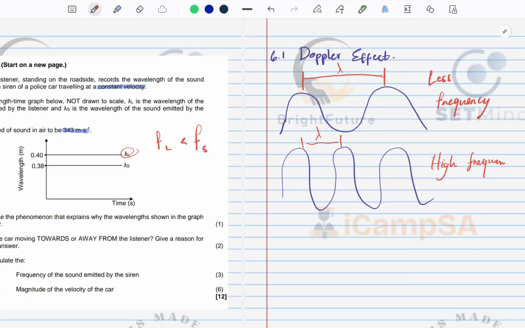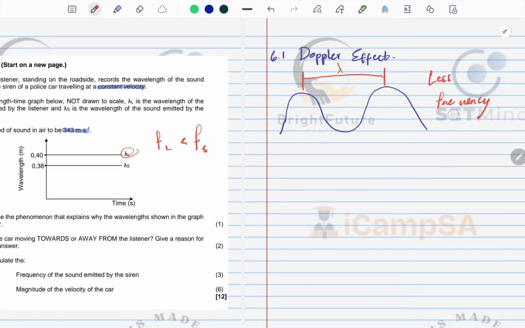What does that mean? This means the car is moving away, because the source has higher frequency but what is getting to the listener is less. So we can say it's away from the listener.